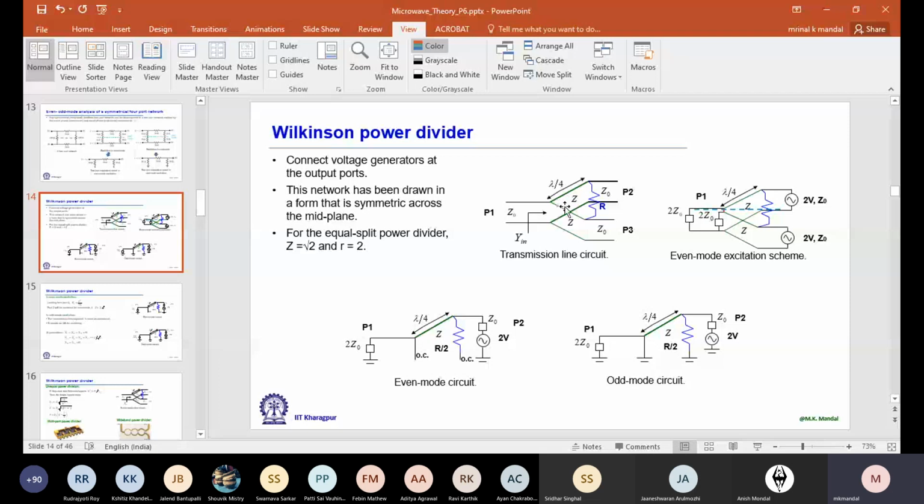Without doing any mathematics, conceptually I'm trying to explain it. If I consider port P1 as the input feed, since the ends of the resistor are at the same potential, there should not be any current flowing through it at the design frequency.